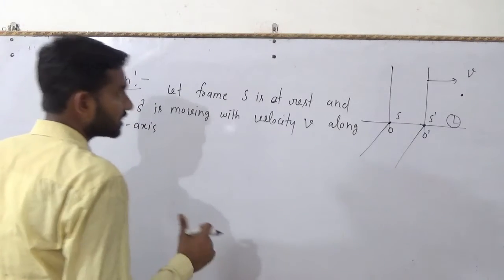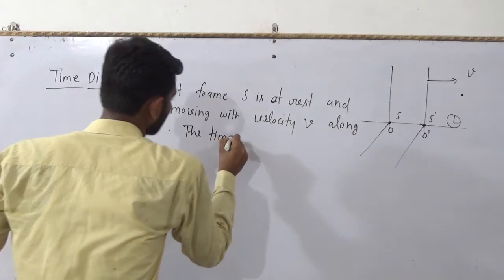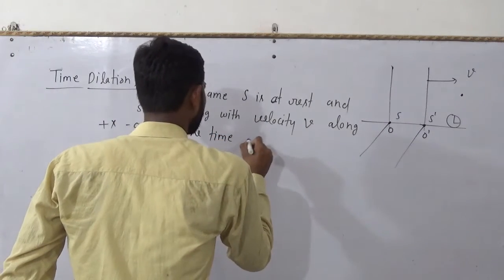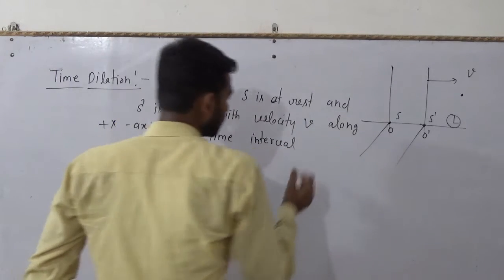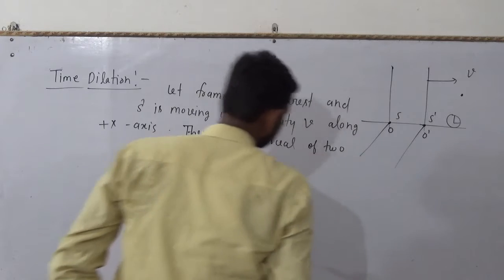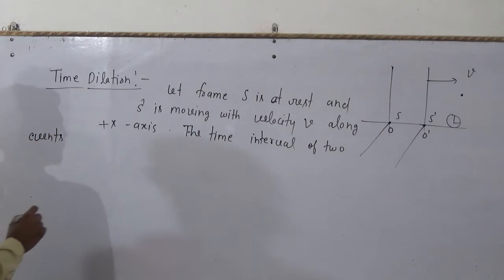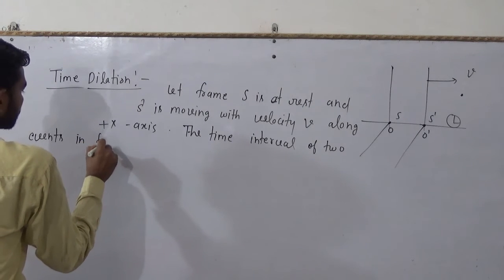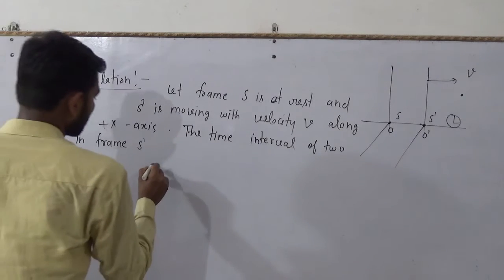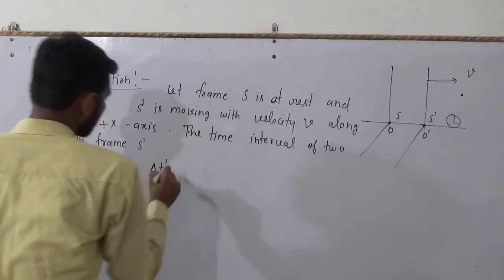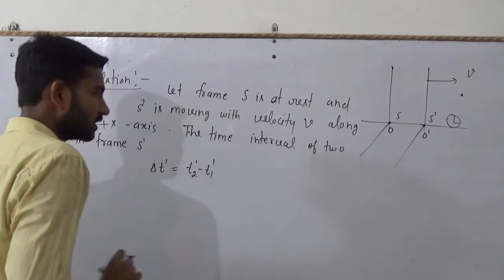So here we are assuming the time interval of two events in frame S dash will be delta T dash is equal to T2 dash minus T1 dash.